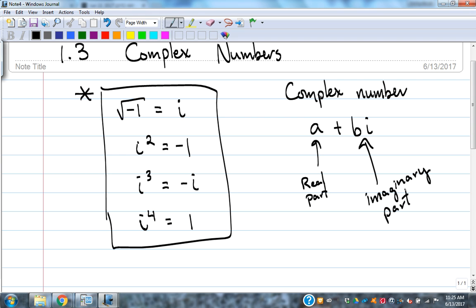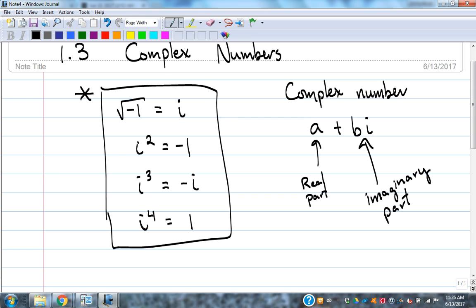You have an imaginary part and a real part. The complex number means you're putting imaginaries and reals together. That's what defines the complex number system. The real part goes first, the imaginary part goes second. That's how we're going to write our complex numbers when we write answers out of this.